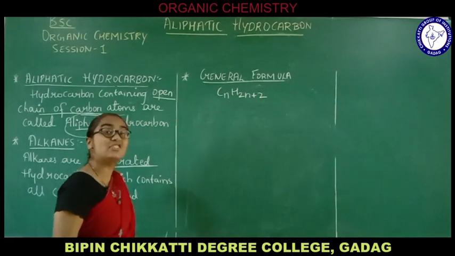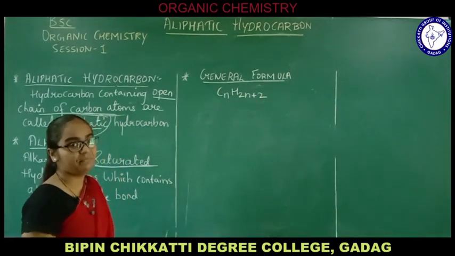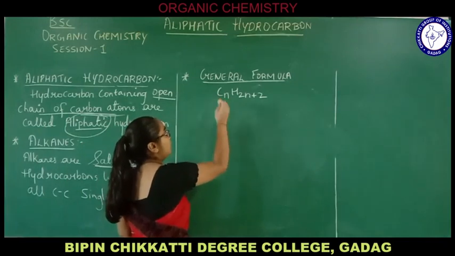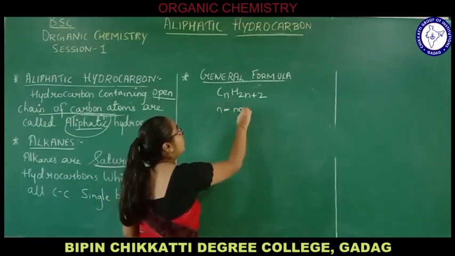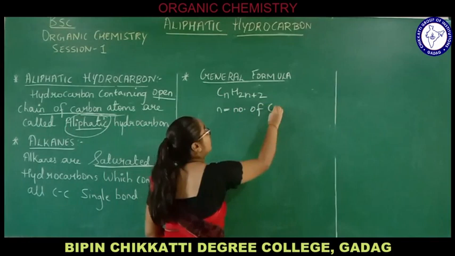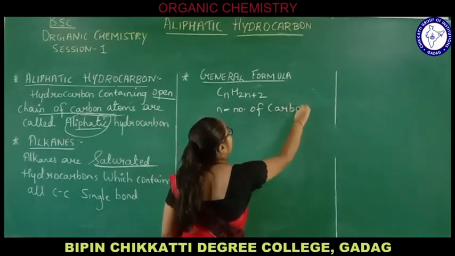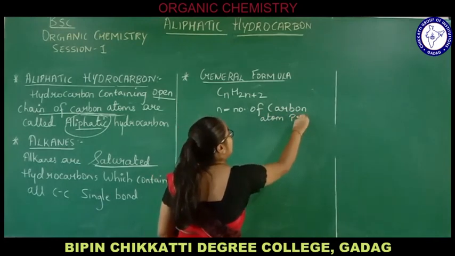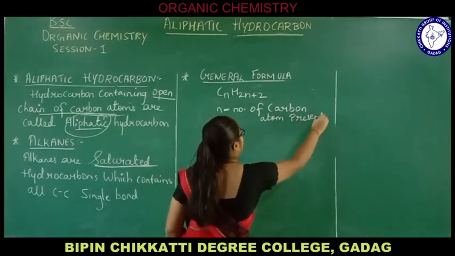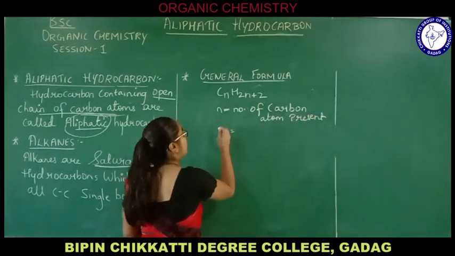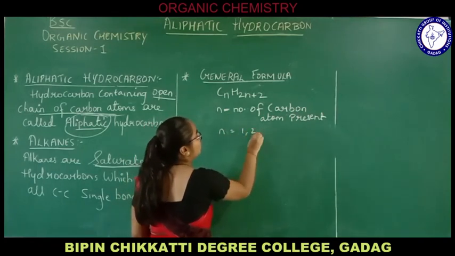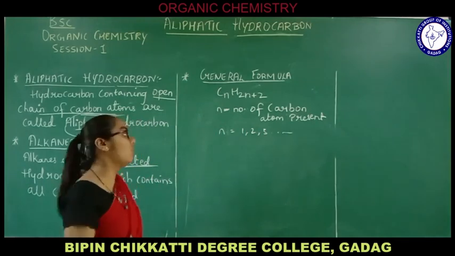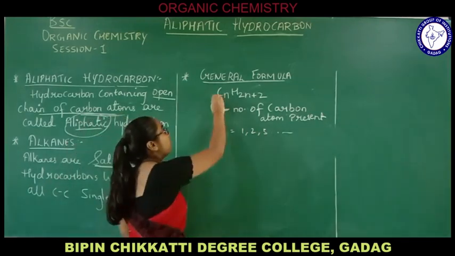Wherein n says the number of carbon atoms present, that may be 1, 2, 3, 4, anything. So it may be 1, 2, 3 and so on, the number of carbon atoms present in that compound.